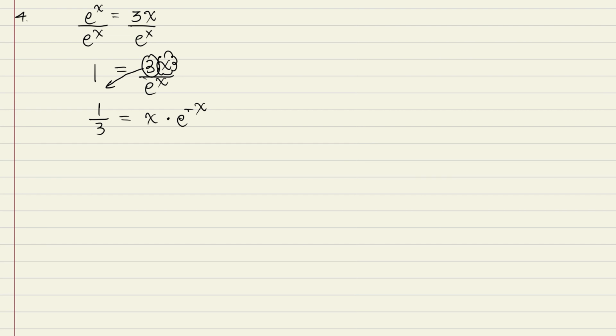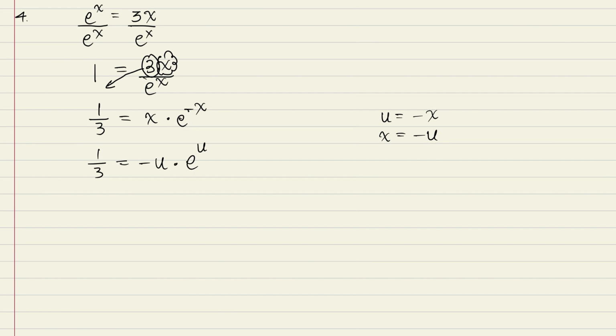Now I need to do substitution here. I'm going to say let u equal minus x. That means x is equal to minus u. So I'm going to have 1 over 3 is equal to minus u multiplied by e to the power u.